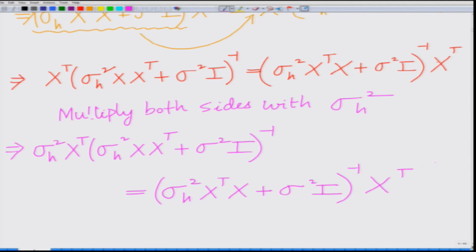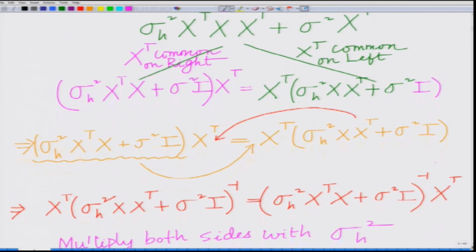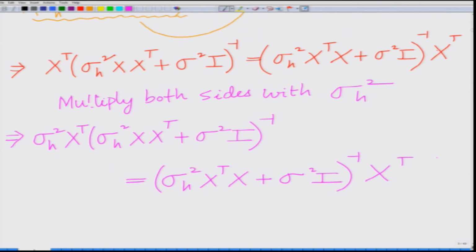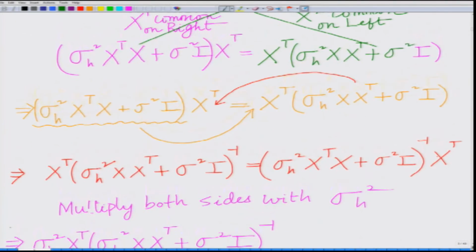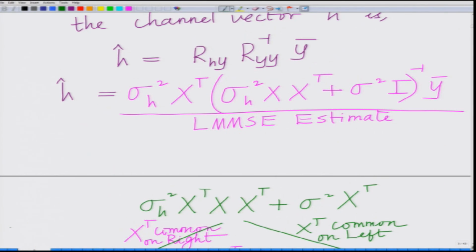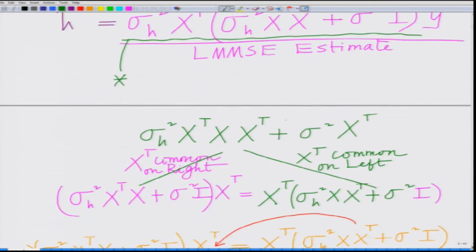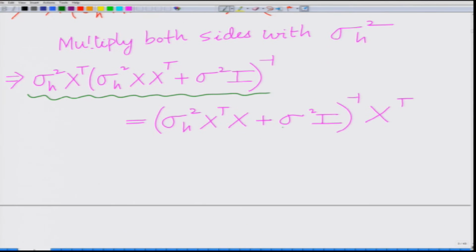inverse times x transpose. Now look at this quantity, sigma h square x transpose times sigma h square x transpose plus sigma square I inverse. If you look at this quantity, it is exactly equal to that quantity. If I call this quantity star, this quantity is exactly your star.